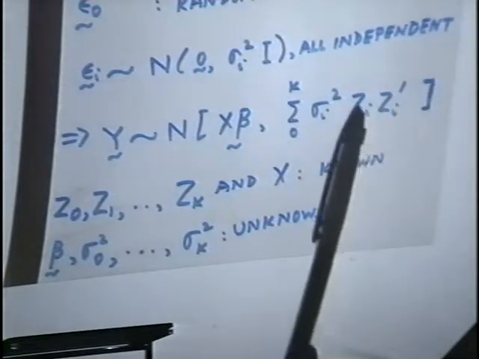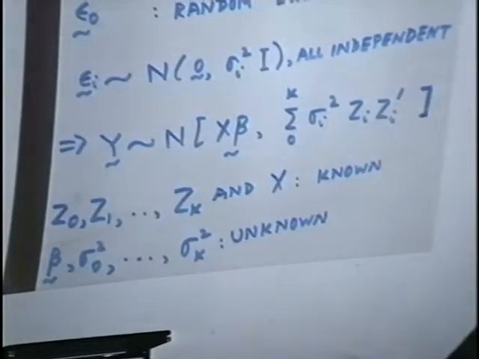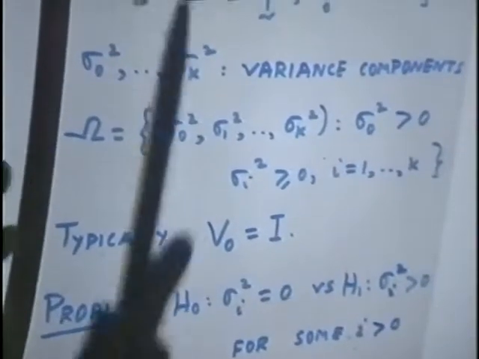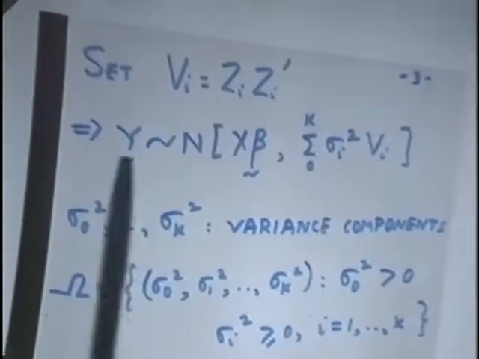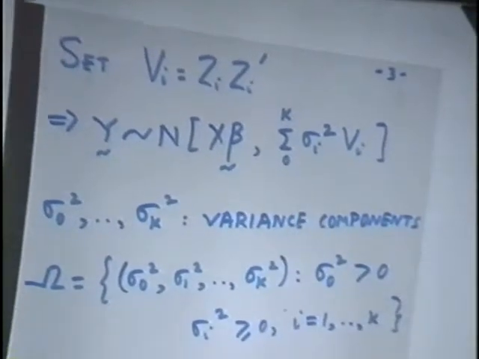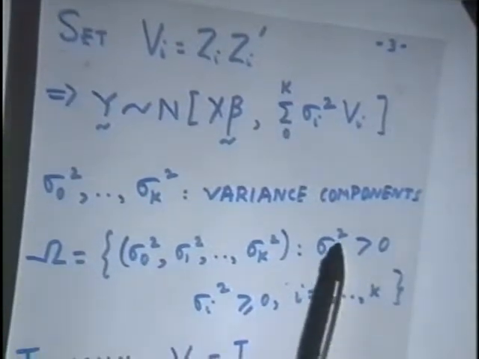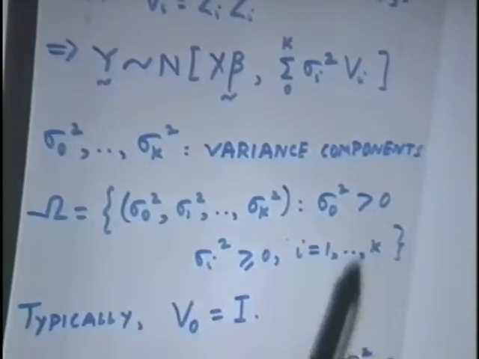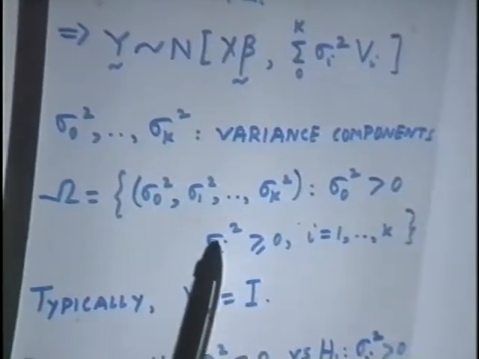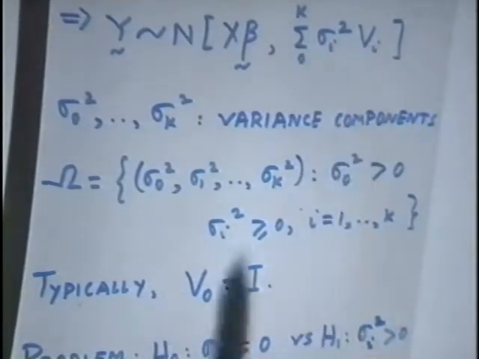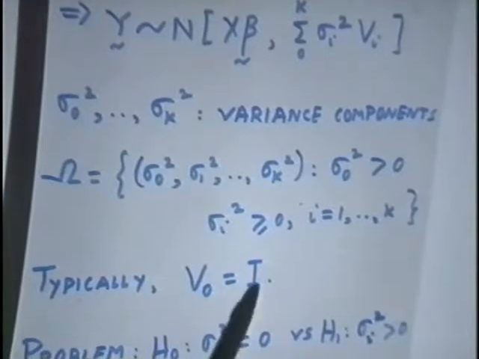I put Z i Z i prime equal to V i so that I can write the model in this form: y is normal with X beta and summation sigma i squared V i. The parameter space here: the last component sigma 0 squared corresponds to the error variance, which is strictly positive, and the other variance components sigma i squared are non-negative, and typically the last matrix V 0 is the identity I.